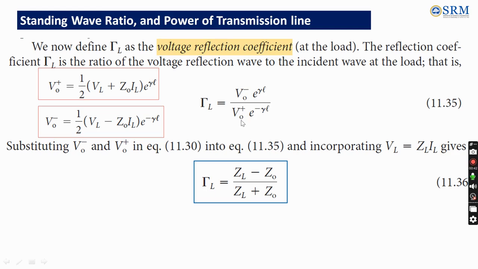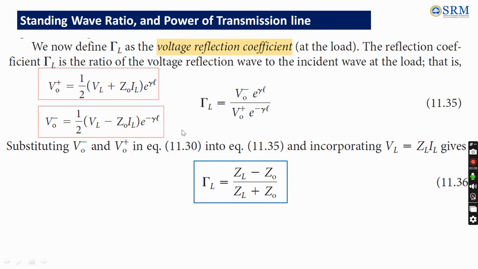So we already know how to find V naught plus and V naught minus in terms of load voltage and current in the previous session. So after incorporating VL, we know that V equal to IR, right?